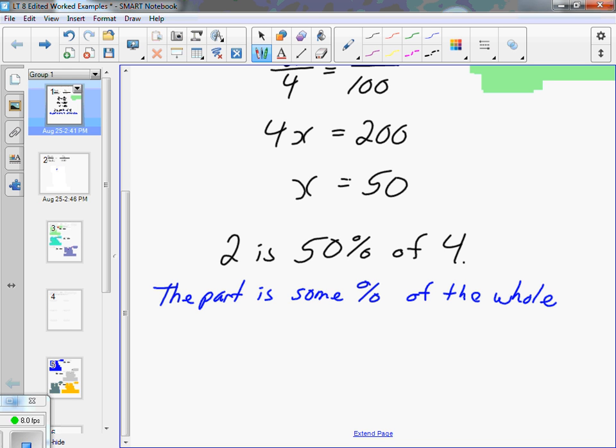It may be the percent, S-O-M-E, you're finding. It may be the whole. So your x might be that, or that, or that. And as you could probably guess, that's the hardest part of these problems. It's figuring out which one's the x. Because if you can figure out which one's the x from the wording of the problem, then you know how to set up the proportion.